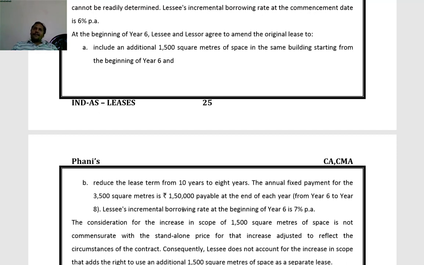Then the second category, decrease in scope. If decrease in scope is there, then we have to proportionately decrease the lease liability and ROU asset. Here decrease in scope is not there, only decrease in the lease term is there.